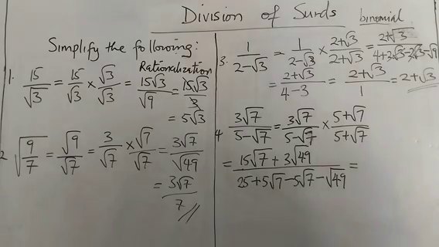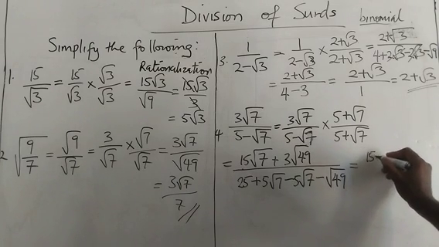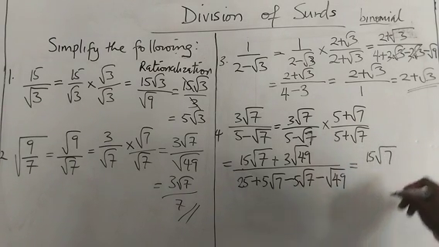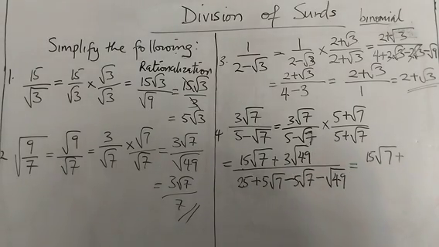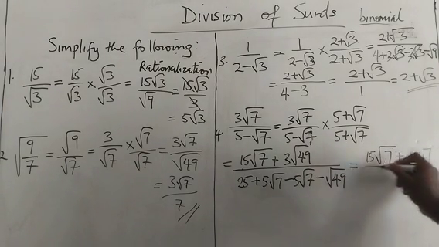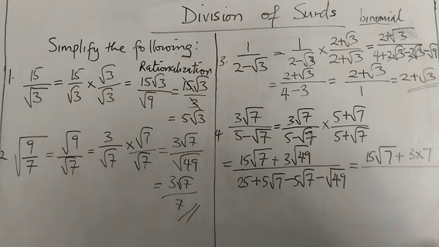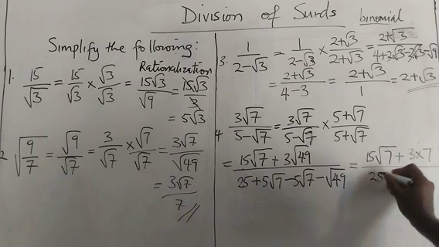Going further, for the numerator, we have 15 root 7 plus, 49 is a perfect square, so it will give us 7. 3 times 7 all over 25.